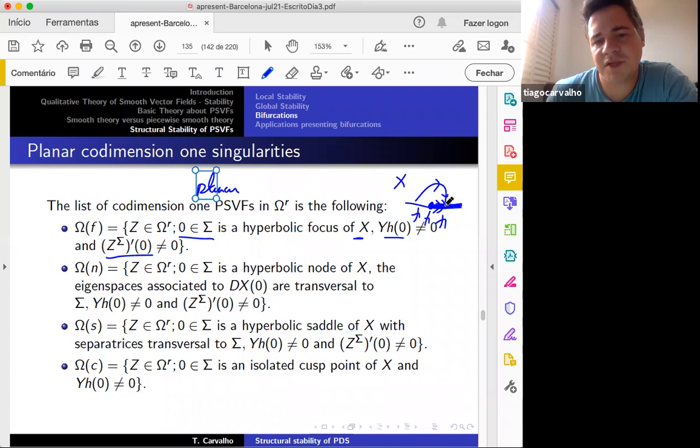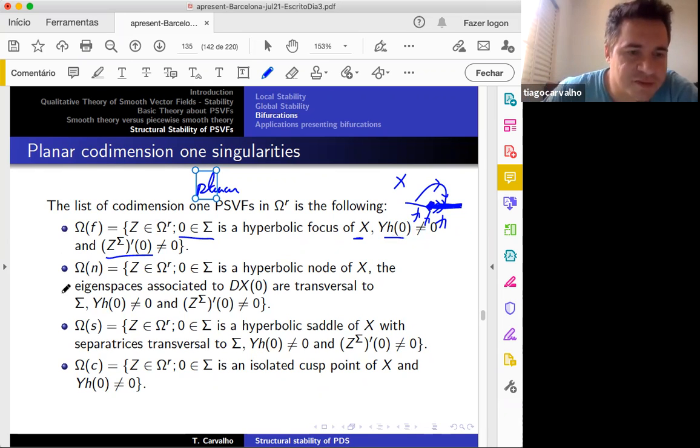This region can be a sliding region or an escaping region, depending on the orientation of the vector fields here. Okay, but always there is a crossing region and a sliding or escaping region at each one of the sides of this point.